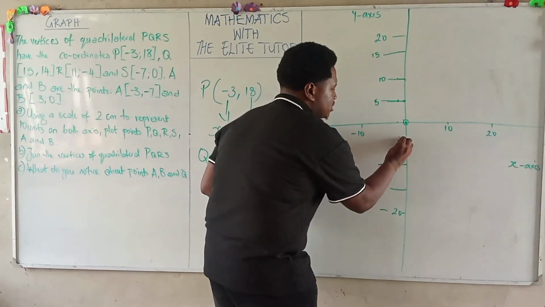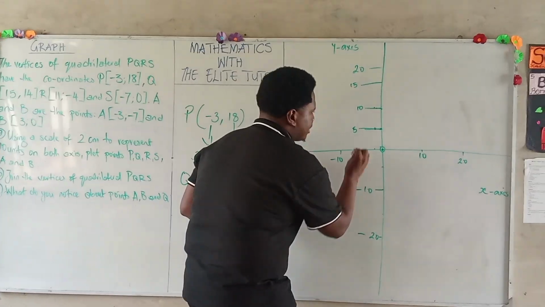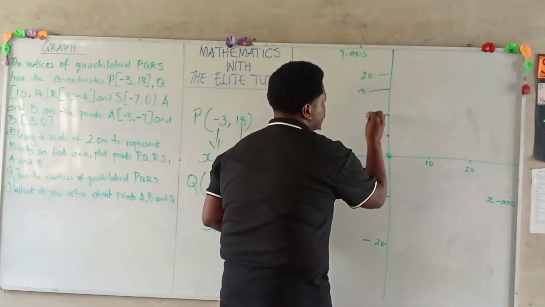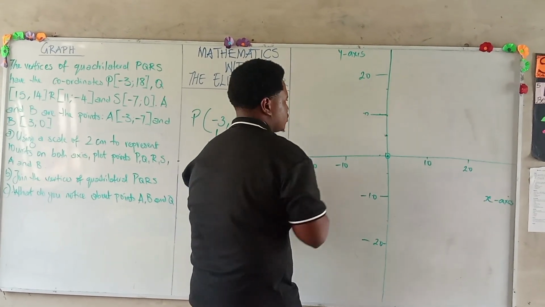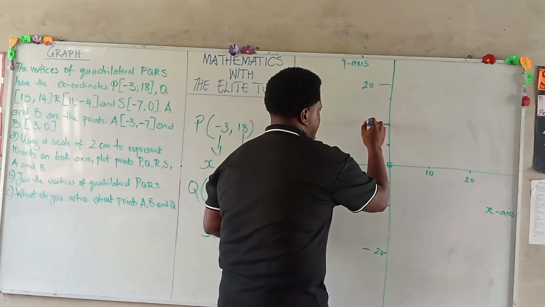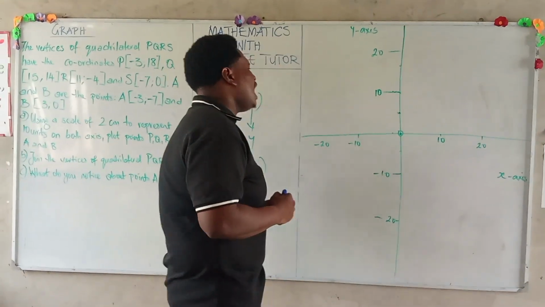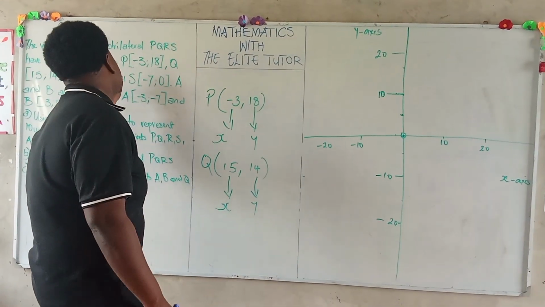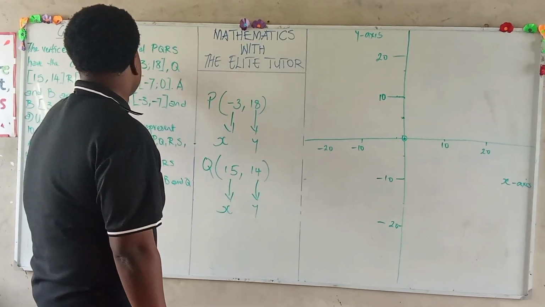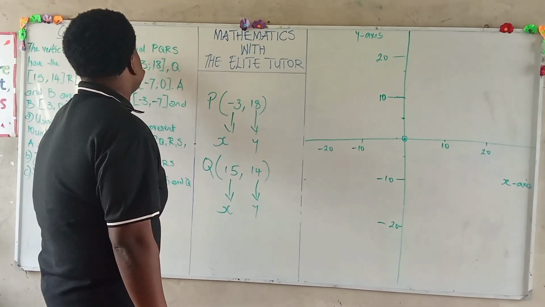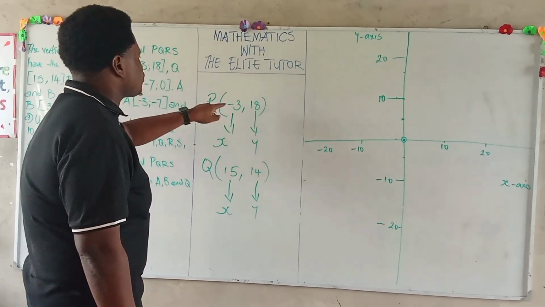Now let's go ahead to plotting our graph. Now we have our coordinates. We have the first coordinate, P. The coordinates for P are -3 and 18.